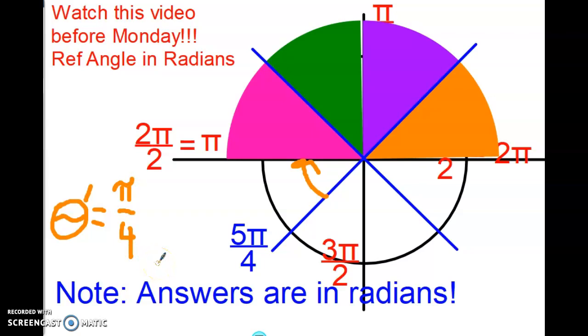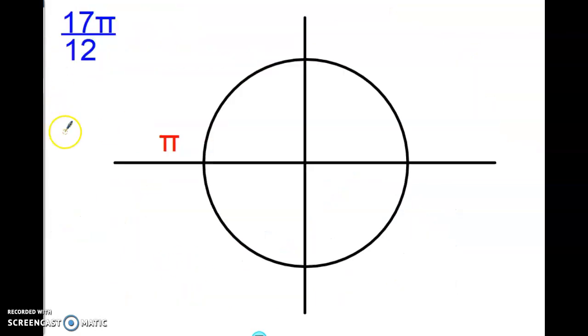And I know we're going clockwise, but let me remind you, reference angles are always positive and they're between 0 and pi over 2 radians. They're less than 90 degrees. A-okay?